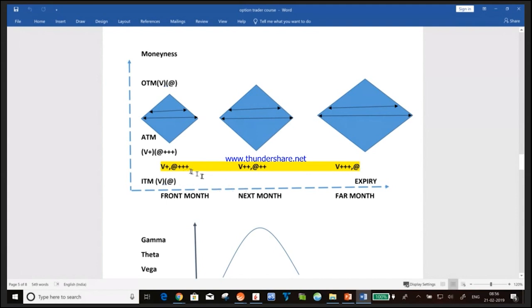Now as time passes, this plus sign will keep on increasing. Right now there is enough time, that's why there is no plus sign here. But as we approach expiry, let's say we're talking about this expiry. As we approach this expiry, this will start increasing and the volatility impact will start reducing.